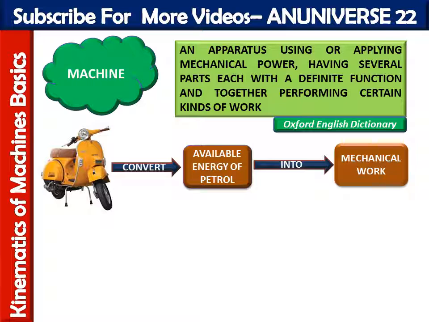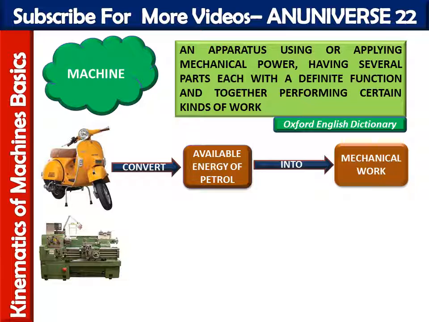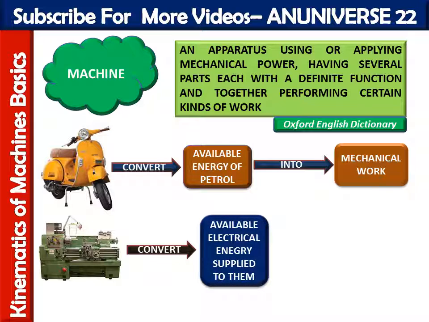And if we take another example, suppose we take a machine tool in the workshop, such as a lathe. So lathe is the machine tool which is used in the workshop. By using the lathe, we convert the available electrical energy that is supplied to the lathe.